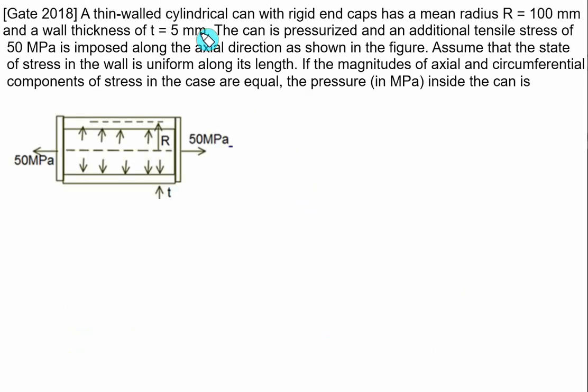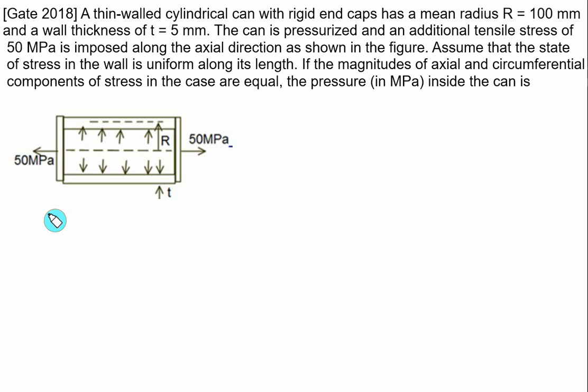A thin walled cylindrical can with rigid end caps has a mean radius R equal to 100 mm. So we have shown here a dotted line, and that will be the mean radius equal to R. Wall thickness T is equal to 5 mm. So this total value will be equal to R, and if we are taking here the internal radius, that will be R minus T by 2.